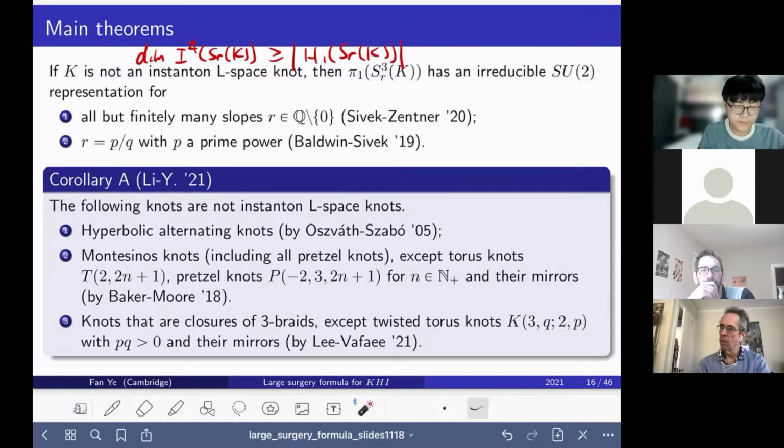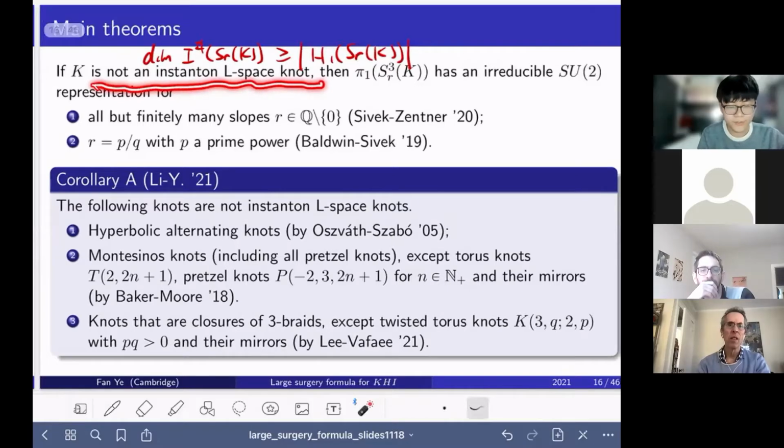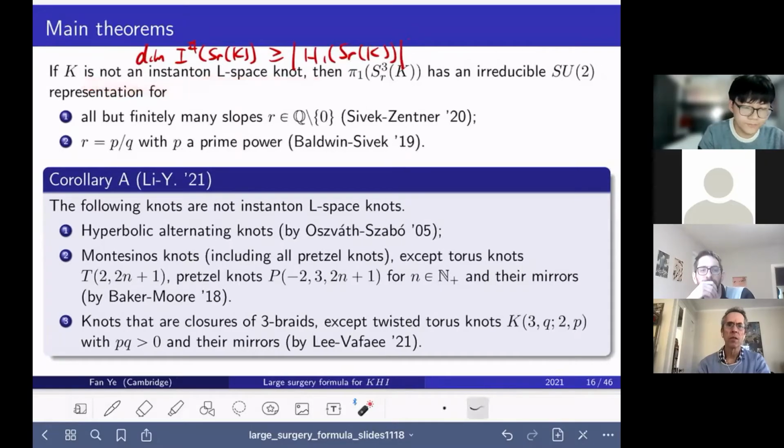So if K is not an instanton L-space knot, which means for any R we don't have equality here, then for any R the dimension is larger than the order of the first homology. Then this means the fundamental group of the R surgery will have an irreducible SU(2) representation in the following cases.